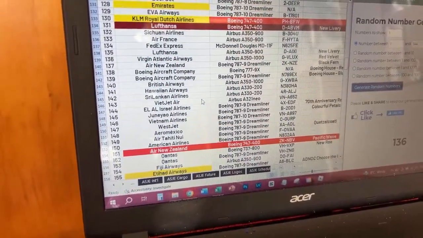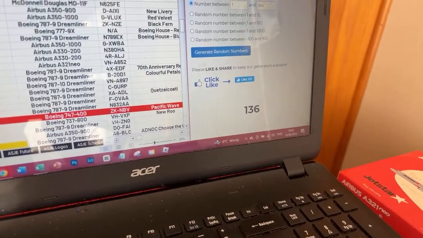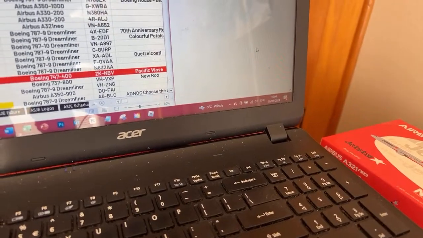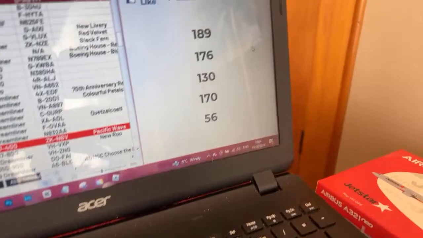236. So what I'm just going to do here, just to help me, guys, is have 5 numbers show up here, which will be very helpful. Right, 189.